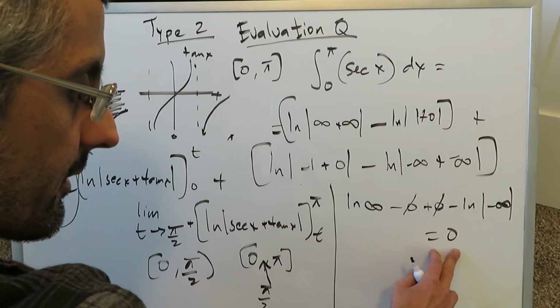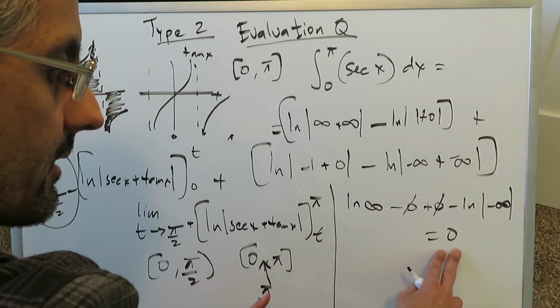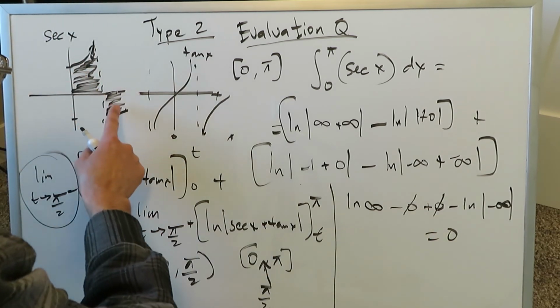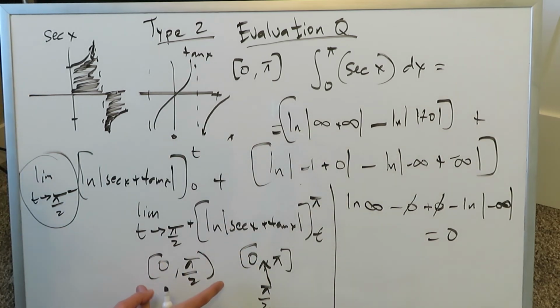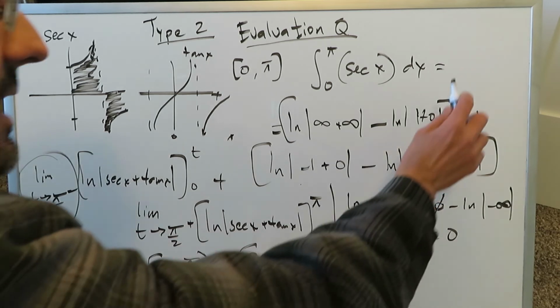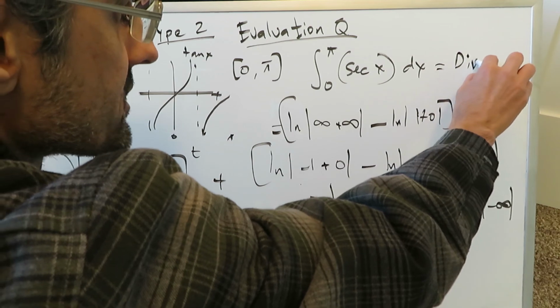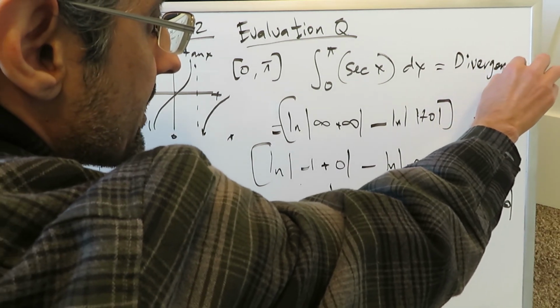So even though one might argue that we are getting a net 0 here as an area by means of the cancellation effect, that really is not the case. When part of your interval diverges, the entire function diverges, and then your answer here truly would be divergent.